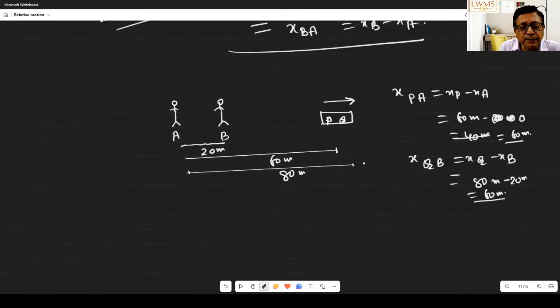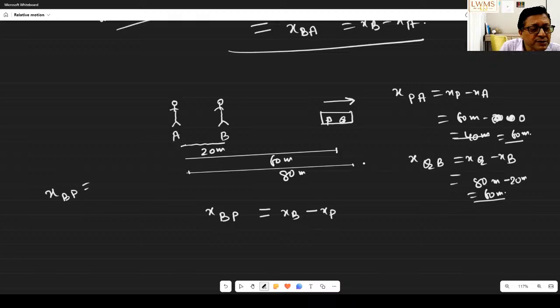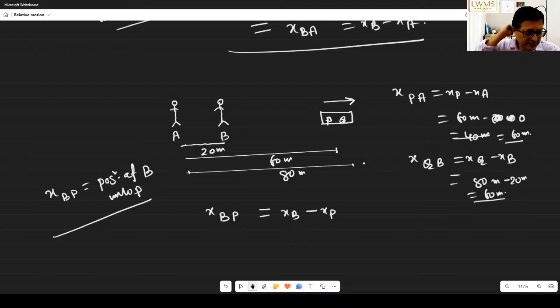Somebody asked you to find position of B with respect to P. How to write? It will be XB minus XP. XBP stands for the position of B with respect to P. So XBP equal to XB minus XP.